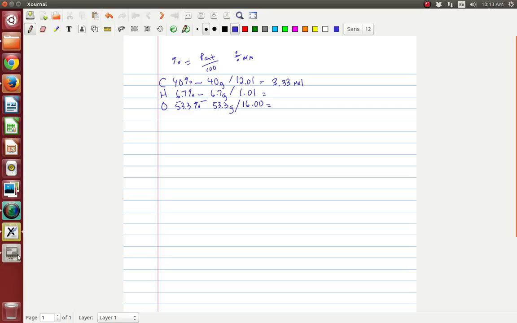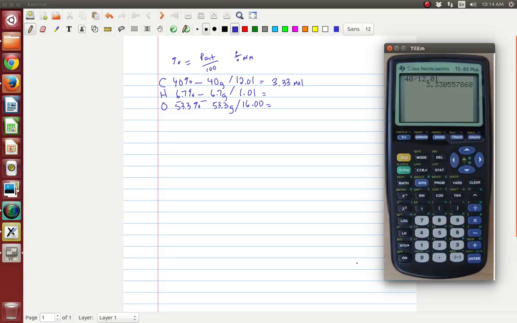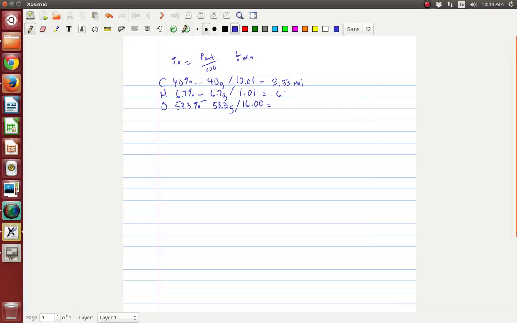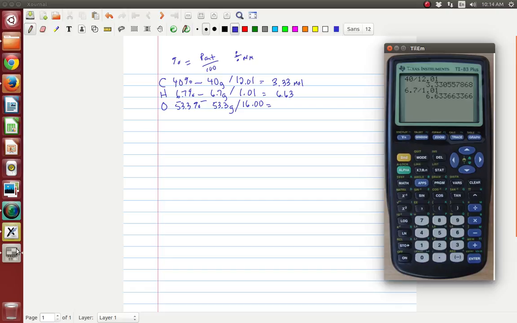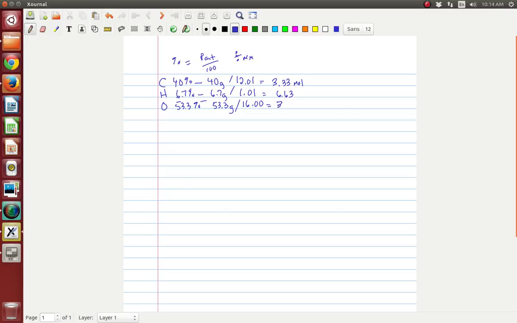So I'm calculating the moles here, and now I'm going to divide 6.7 by 1.01, and I got 6.63. And oxygen, 53.3 divided by 16, I get 3.33. All right, so each one of these are moles.